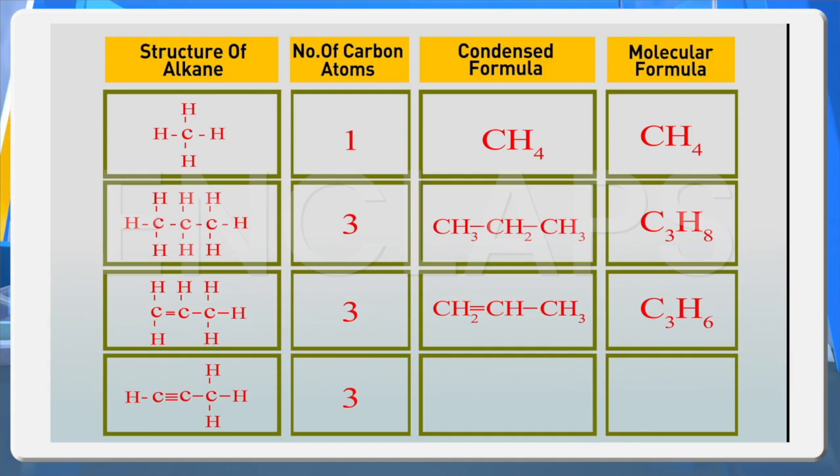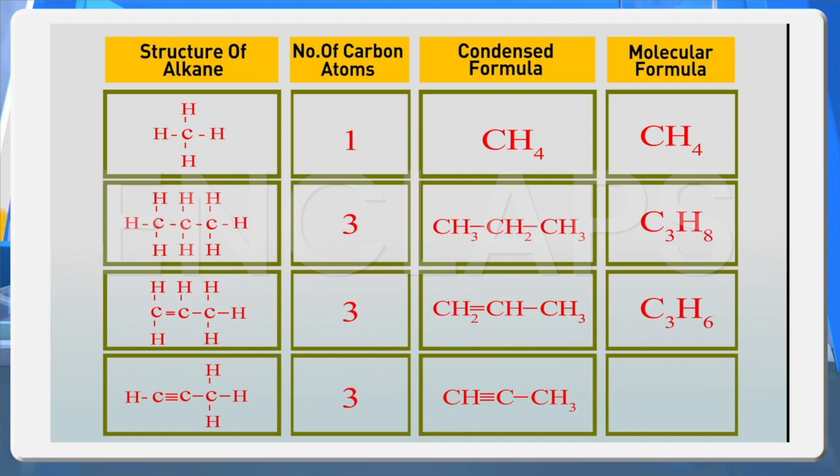Then we are going to write the condensed formula. First carbon atom C, then there is only one hydrogen atom in that carbon atom, so CH. Then put triple bond, CH triple bond. Next carbon atom C. Then there is a single bond between the second and third carbon atom, so put single bond.